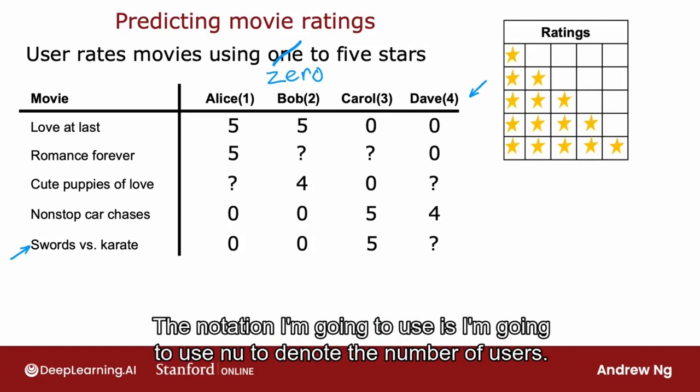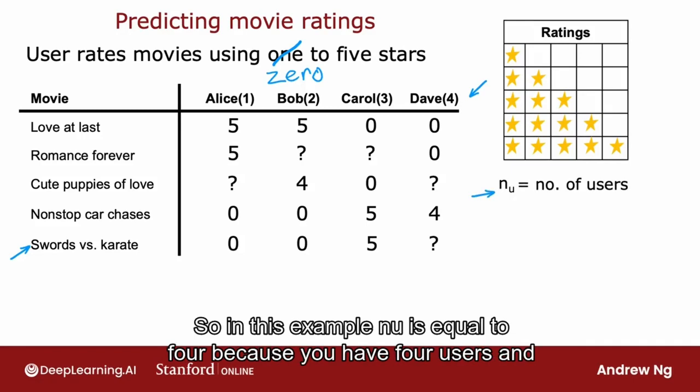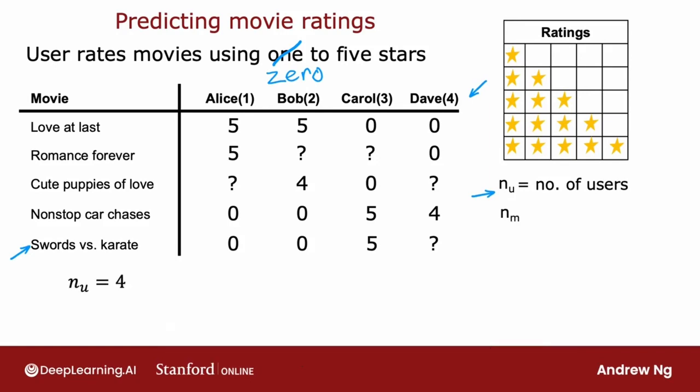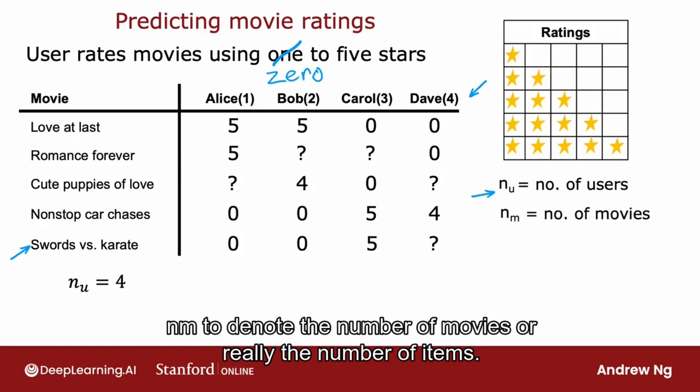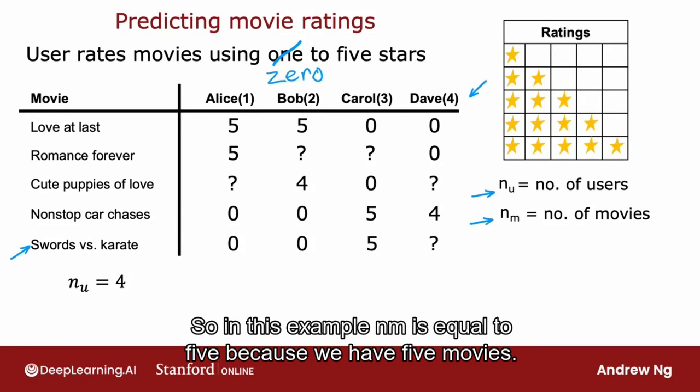The notation I'm going to use is I'm going to use n_u to denote the number of users. So in this example, n_u is equal to 4 because we have 4 users, and n_m to denote the number of movies, or really the number of items. So in this example, n_m is equal to 5 because we have 5 movies.